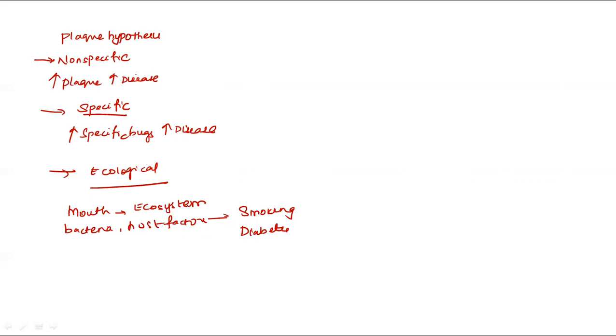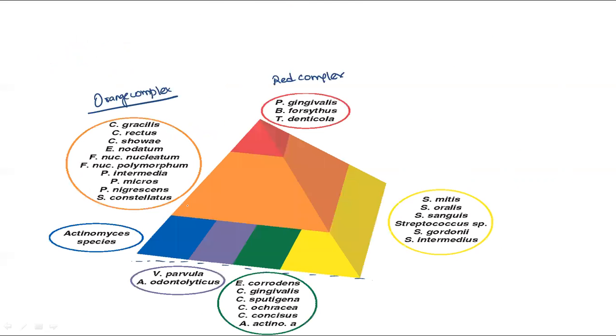Okay, so plaque is nothing but a sticky white film that coats teeth and it has bacteria. And we studied how much time it takes to form. Now, the important things to remember are red complex and orange complex, but if possible, also remember Actinomyces species.